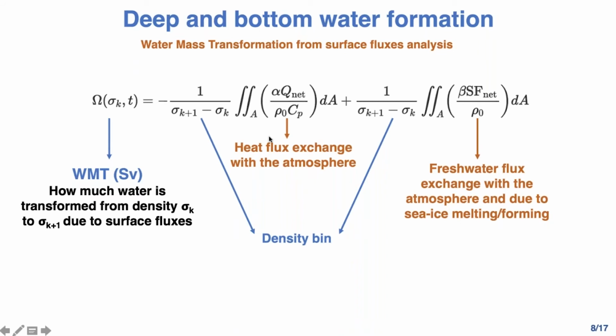And then there is the heat flux exchange, which is mostly heat flux exchange with the atmosphere. And then there is a freshwater flux that is due to both the exchange with the atmosphere and also exchange due to sea ice melting and forming. So sea ice forming is basically brine rejection into the ocean.